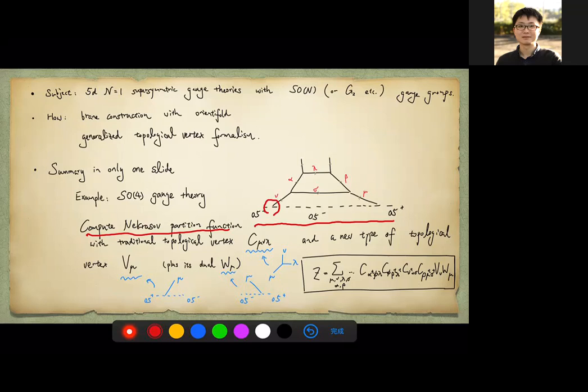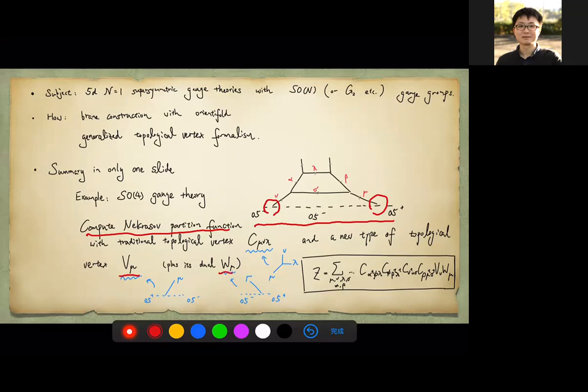So in addition to the traditional topological vertex, usually denoted as C_{μνλ}, we also introduce a new type of topological vertex, and we use the notation V_μ in this talk. We also have a dual vertex, the intersection point on the right, which we denote as W_μ.